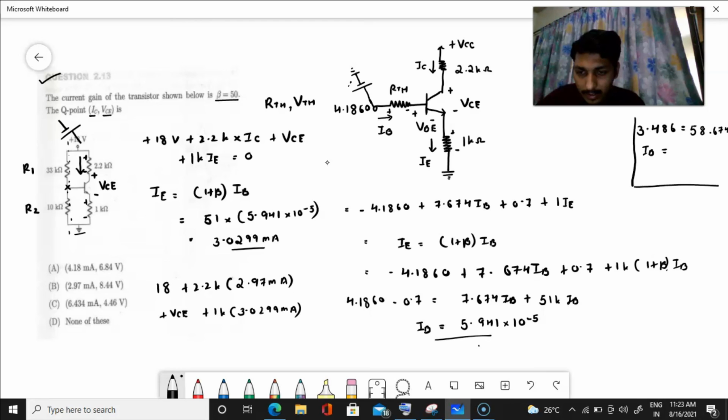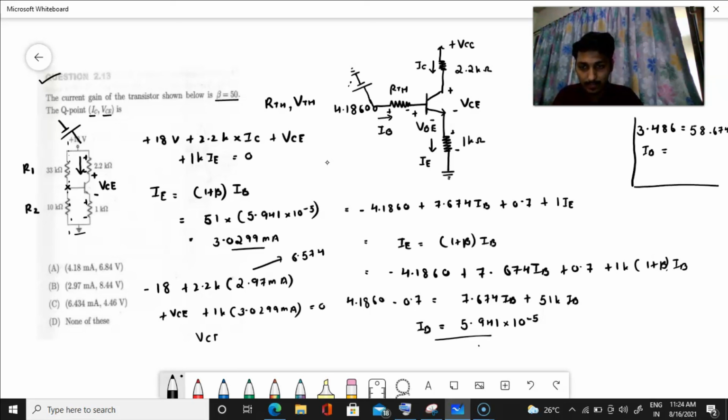Here, if we see, the polarity sign doesn't match, so we will take it as negative here. 2.2 into 2.97 is 6.574. The second part is 3.0299, because kilo and milli cancel each other.